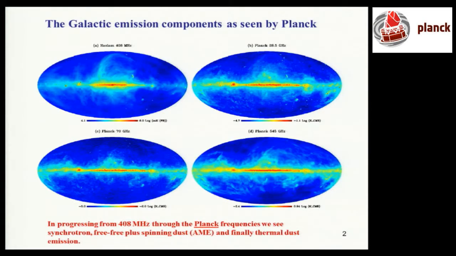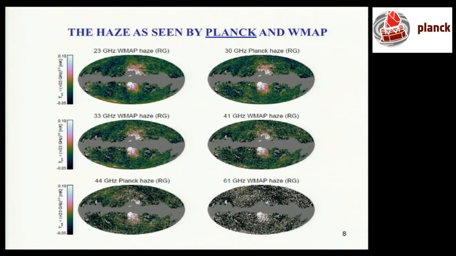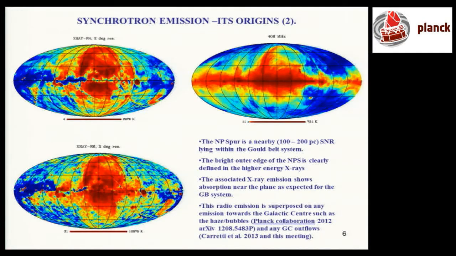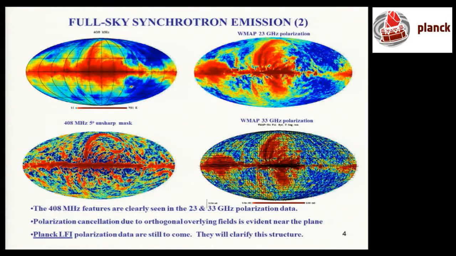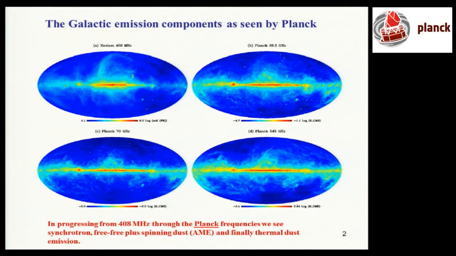And you can see it rather more clearly here. And if I go back to this one, these are the Planck maps, and if you follow across from the synchrotron over here, there's some structure. It's a very lively beast.